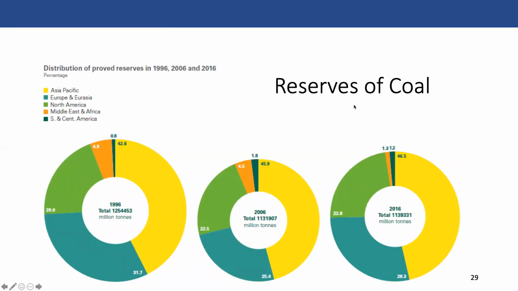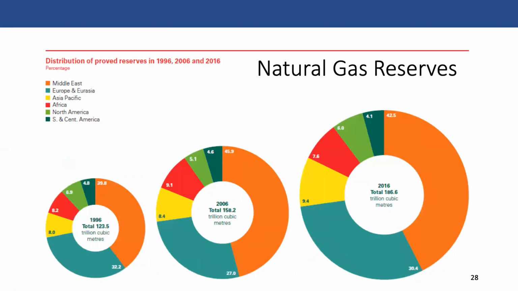You can see that in comparison to the last one, where the vast majority of natural gas resources are from the Middle East, right? Maybe a little bit less than half.